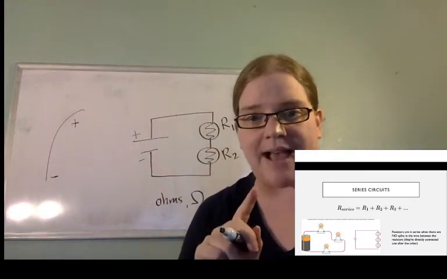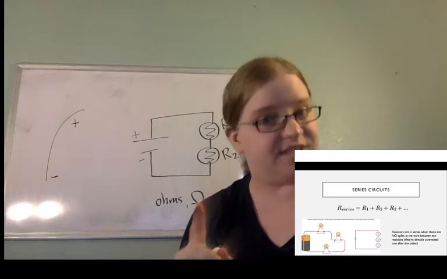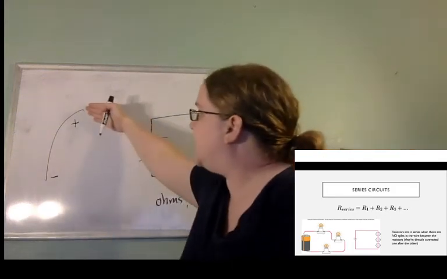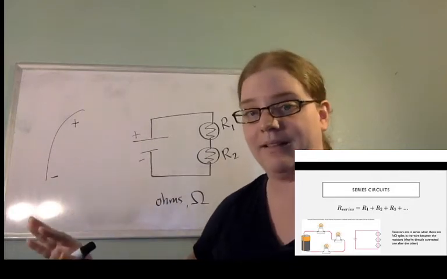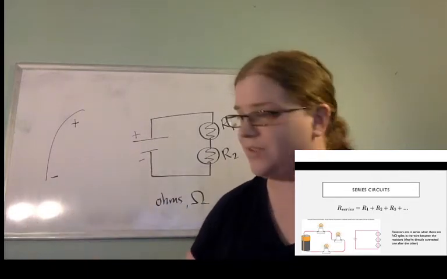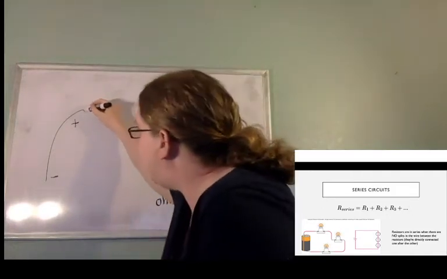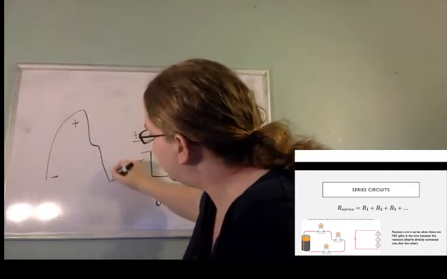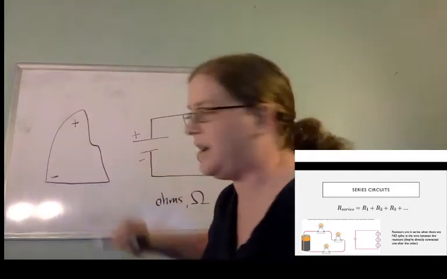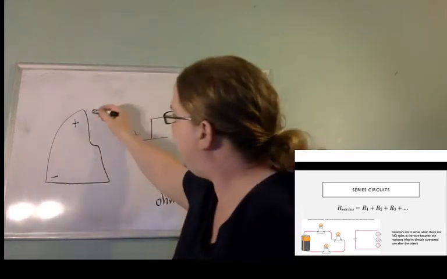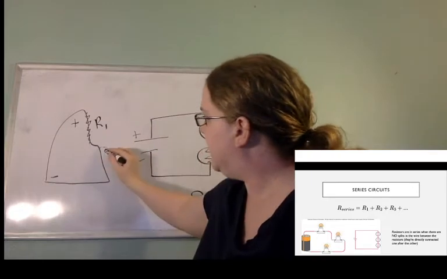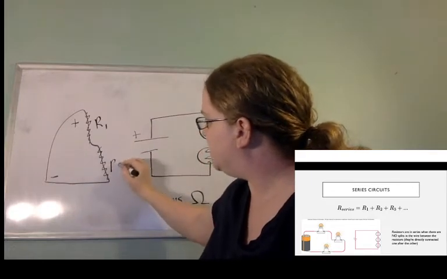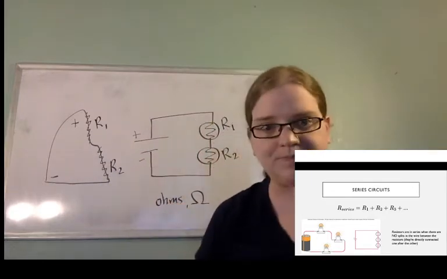And when we had only one resistor, that resistor gave us the entire downhill. But now we have two resistors. And so what's going to happen is that we're going to essentially get two different downhills. So this part here is because of R1, and then this part here is because of R2.